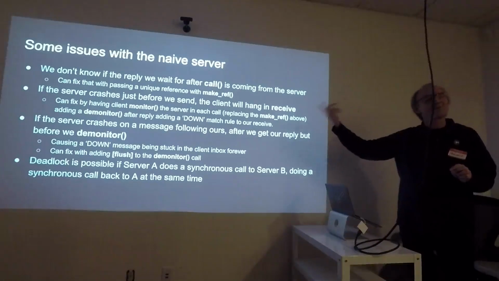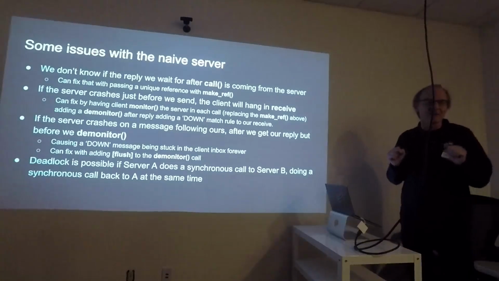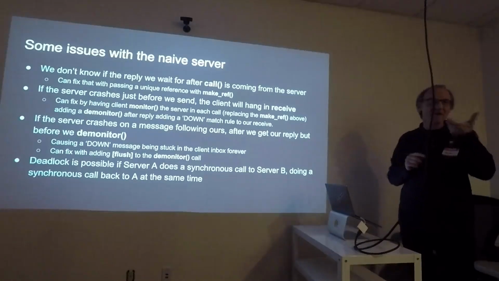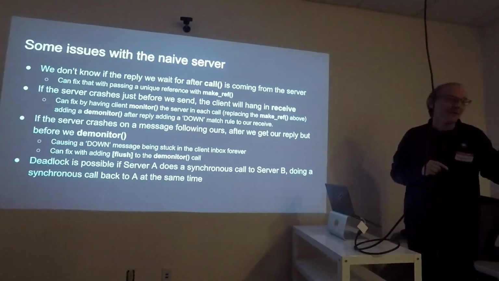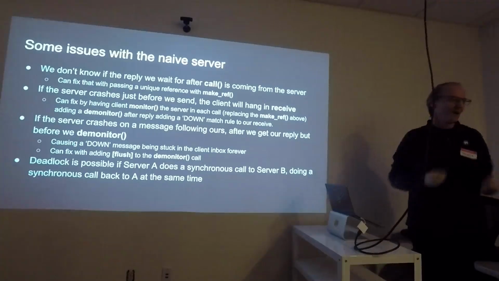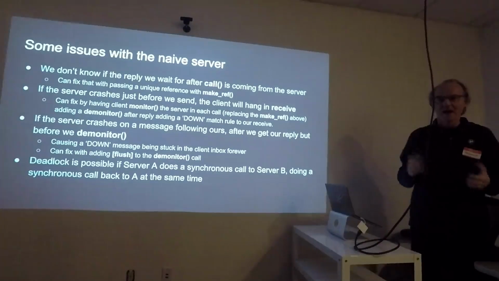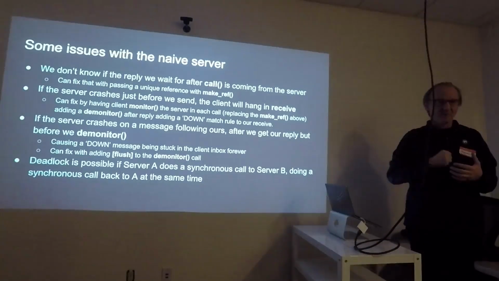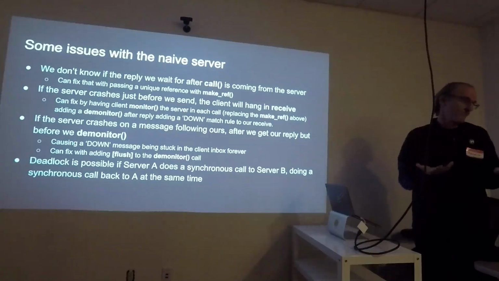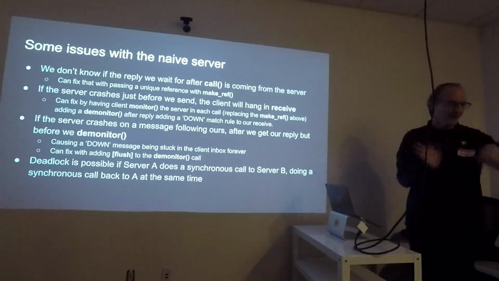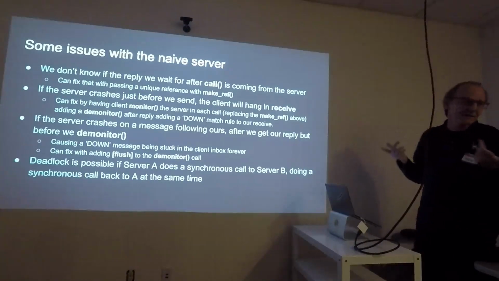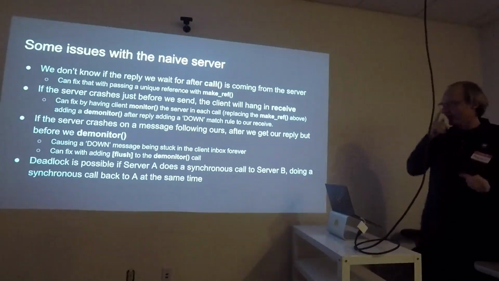But there's a pretty easy fix to many of these things. There's a make reference library call that simply makes a random string, and you pass that to the server, and then you expect it back on all replies. Then you just match on it and ignore everything else. So that's cool, but that's a minor thing.